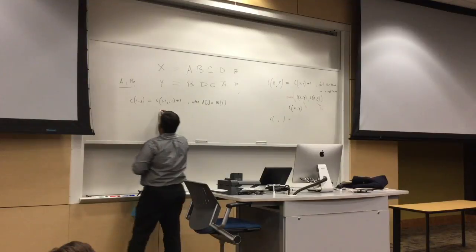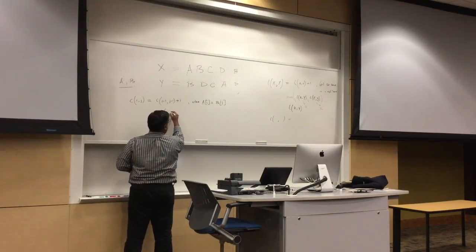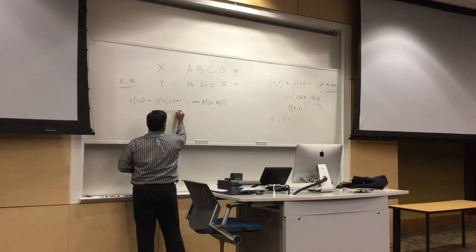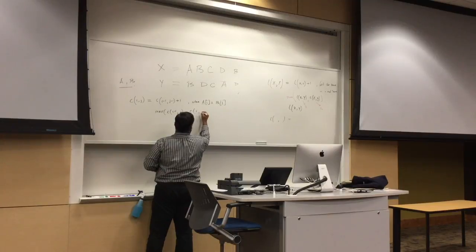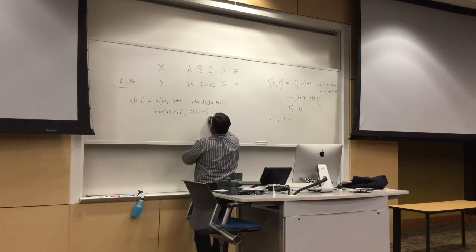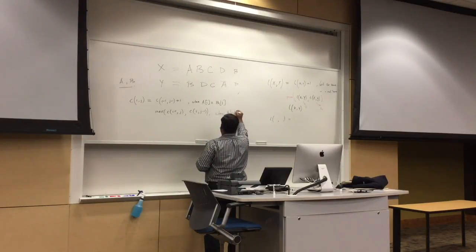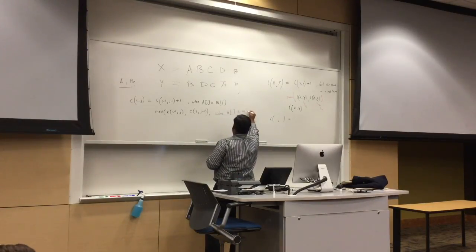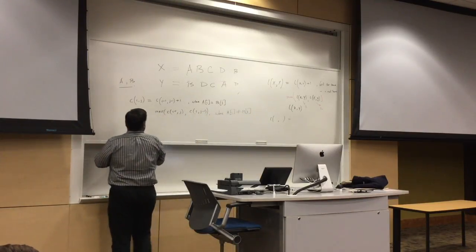And what's the next rule? It is max of C of I minus 1, J comma C of I, J minus 1 otherwise, where A sub I is not equal to B sub J. Does that make sense?